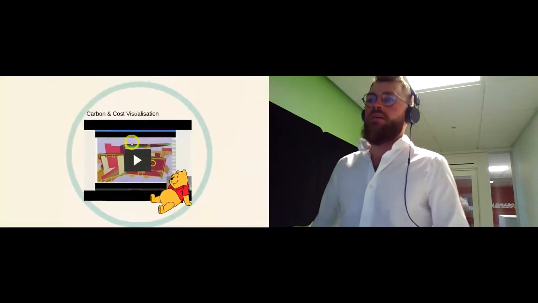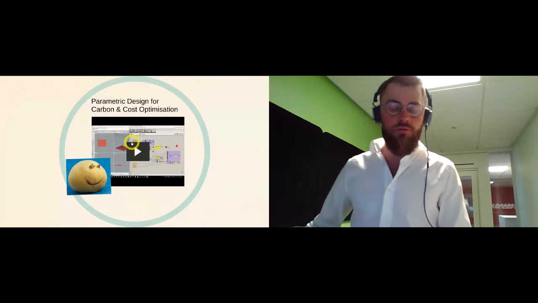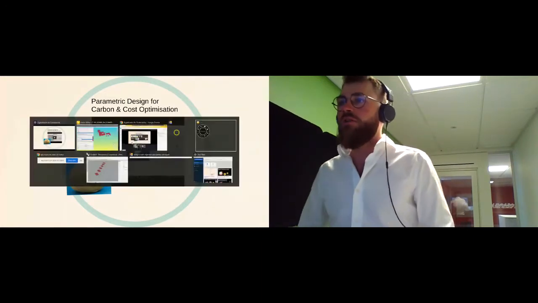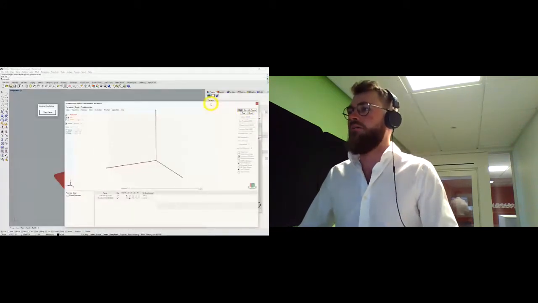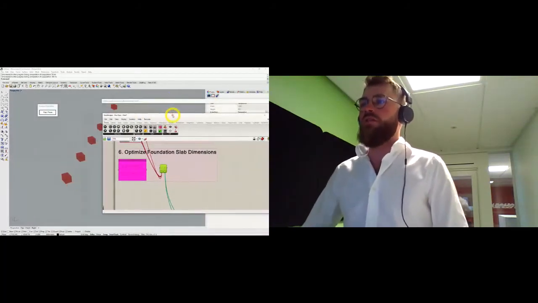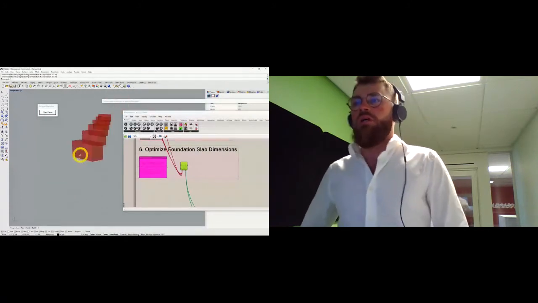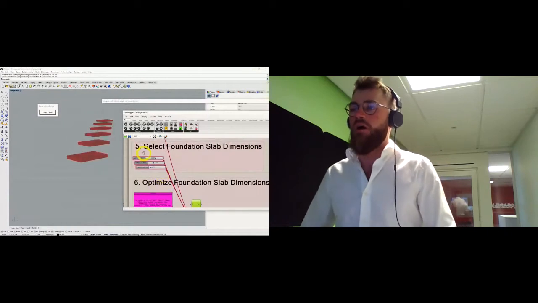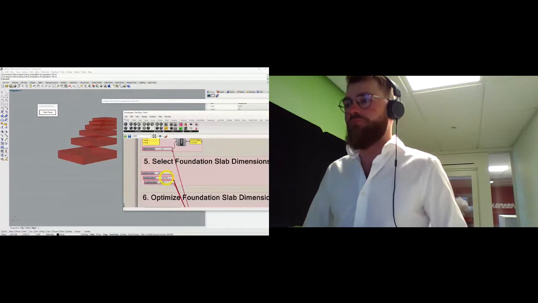Let's take a look at another example. Carbon cost optimization. I'm really proud to announce that my colleagues at Sweco Structures have done some outstanding work on utilizing evolutionary algorithms in Grasshopper, where we optimize the geometry and the material choice behind the foundation slabs that we have in this very example.